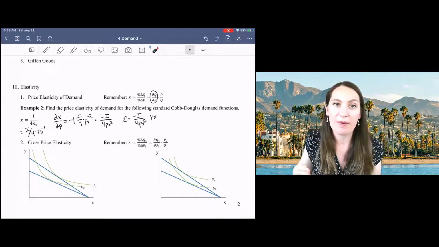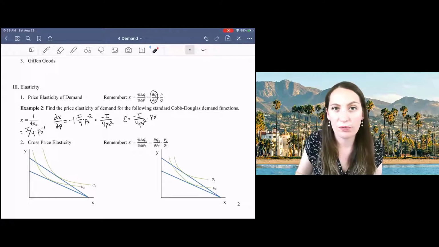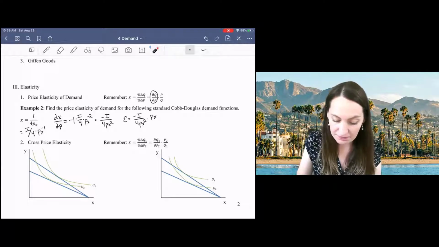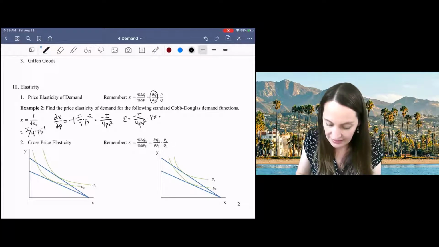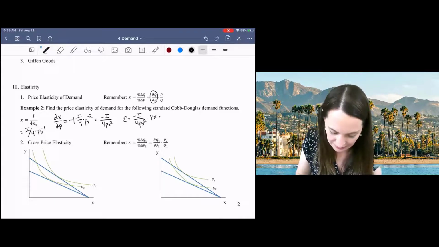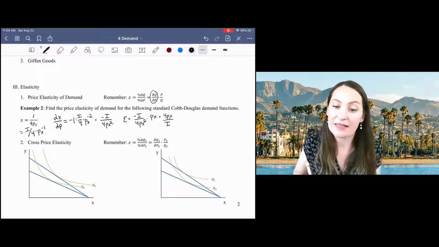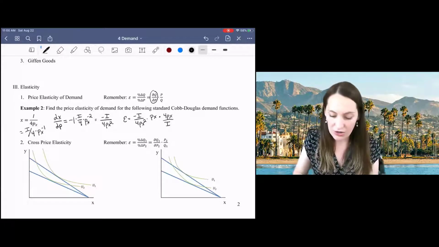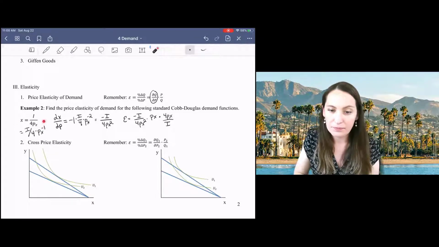Remember, when we divide by a fraction, it's the same as multiplying by the inverse of that fraction. So I'm going to say that's the same as 4px over I, right? That's the inverse, or 1 over x.